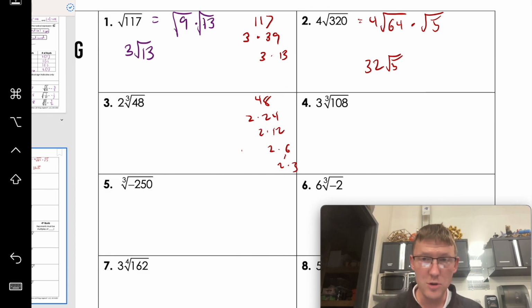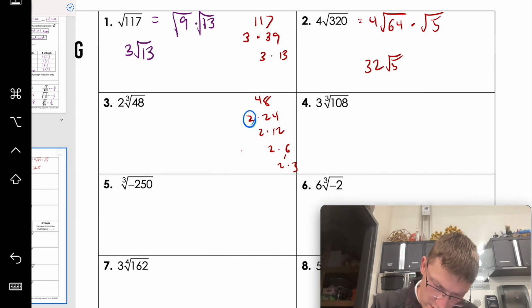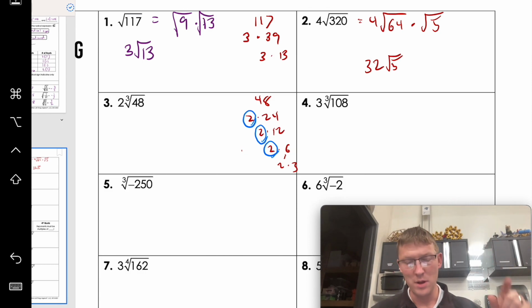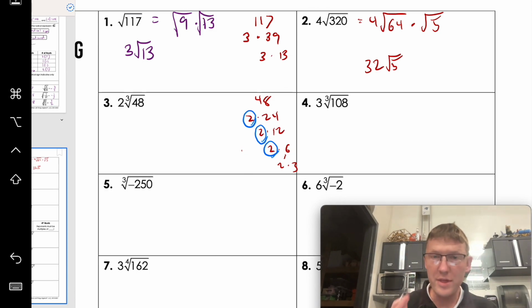Since we're dealing with cubed roots, we need to have 3 numbers that match up. So we've got 1, 2, 3. So that's the number that's going to come out, and then the rest of them stay inside of the radical whenever we're simplifying. So only a 2 comes out because it's a cubed root.